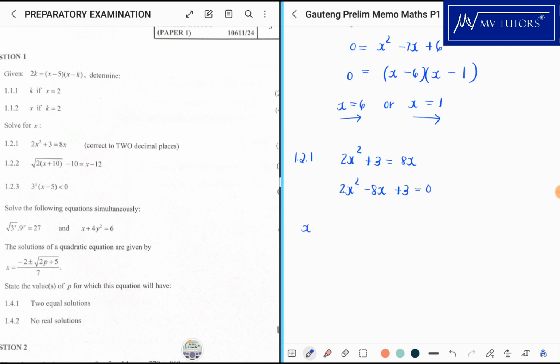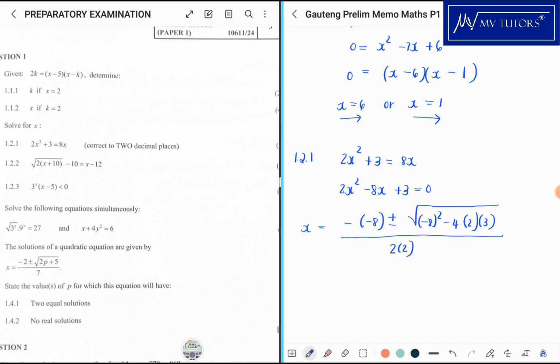So if we use the quadratic formula, x is equal to minus b, so minus, and b in this case is minus 8, plus or minus the square root of b squared minus 4ac. Remember, it's all under a square root, and all of that is divided by 2a.